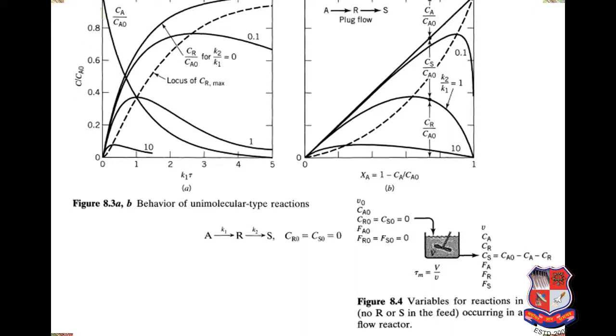So when the concentration is 1, that is 0 conversion, and when the outlet concentration CA becomes 0, conversion becomes 1. So 0 conversion at CA equal to CA0, and as the time proceeds, K1 into tau, K1 is the constant, tau is the residence time, your conversion increases.